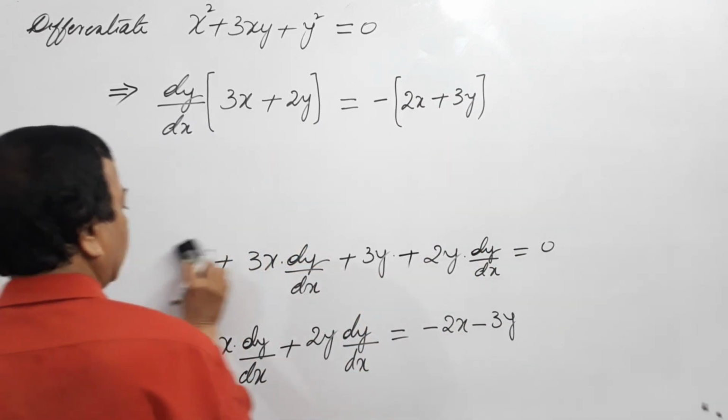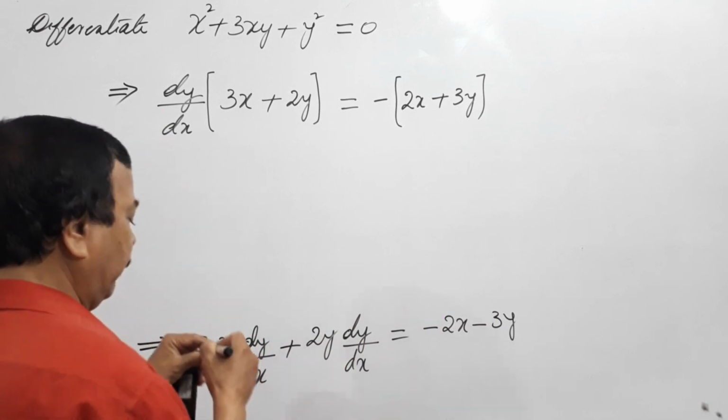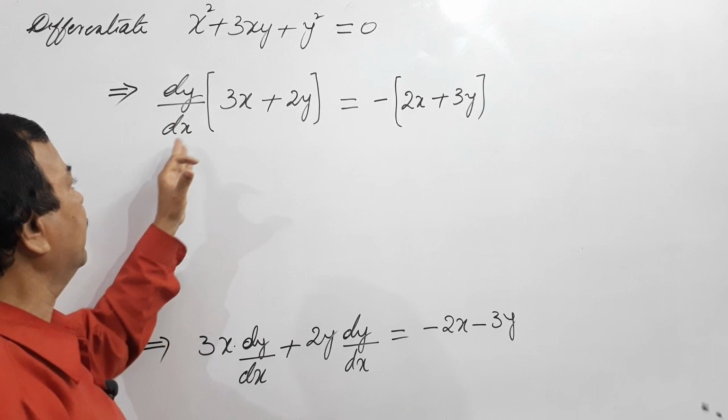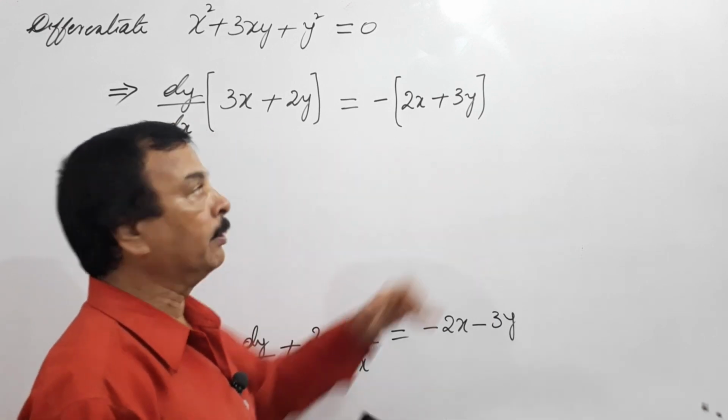I rub this. So what I have to do is find dy by dx. So what happens to dy by dx? This should go to the denominator.